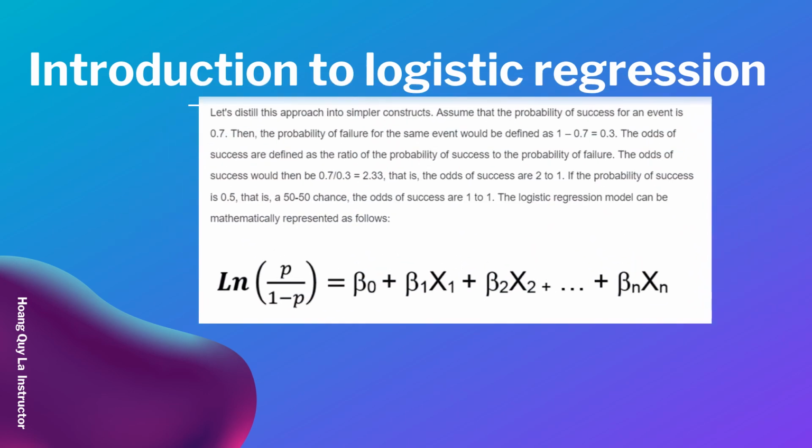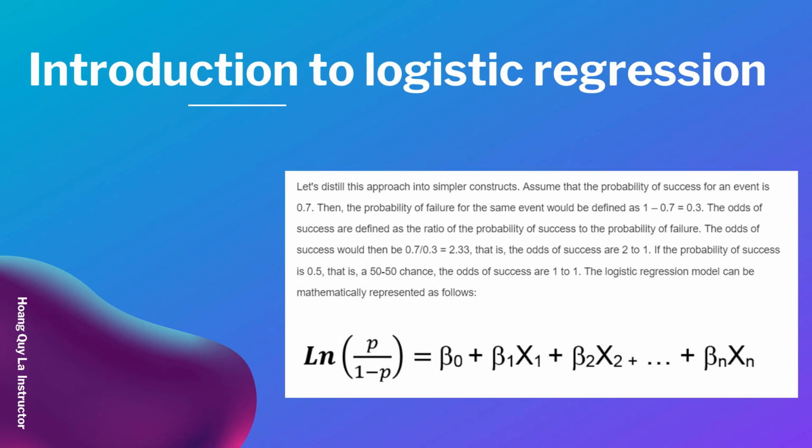So now let's distill this approach into a simpler construct. Assume that the probability of success for an event is 0.7. Then the probability of failure for the same event would be 1 minus 0.7, equal to 0.3. The odds of success are defined as the ratio of the probability of success to the probability of failure.